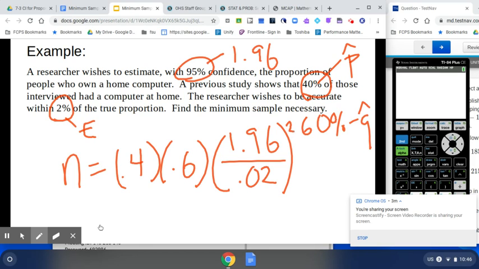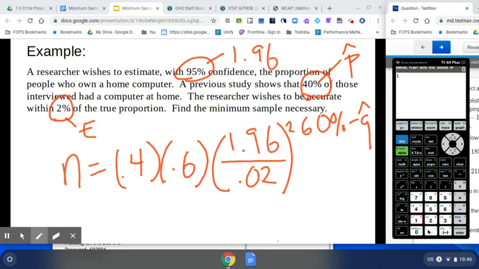All right, so if I go over to the calculator and calculate that, I'm going to do 1.96 divided by the 0.02 first. I'm going to square that value and then multiply it by the p hat and the q hat. This is a minimum sample size question, so no matter what the decimal, we always round this up.